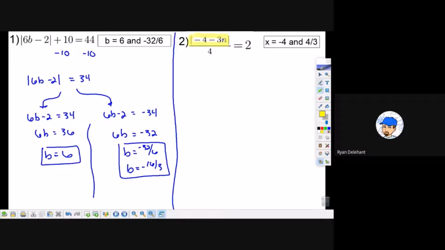All right, number 2, isolate the numerator. So how do we get rid of the denominator? That's a divide by 4, so we're going to multiply both sides by 4. So when we multiply that 4 to the other side, we get 8. Now we split it into 2. Negative 4 minus 3n equals 8.